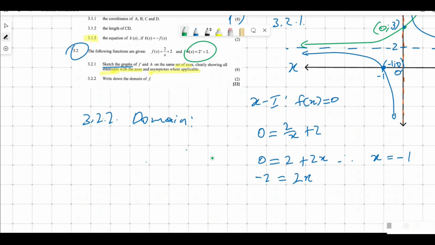The domain says that x is an element of negative infinity to positive infinity. Domain of a hyperbola. Check your hyperbola.